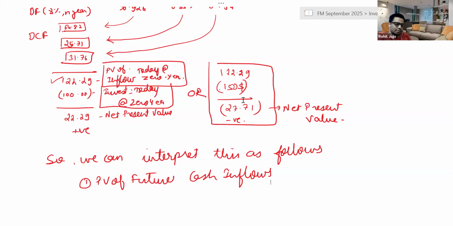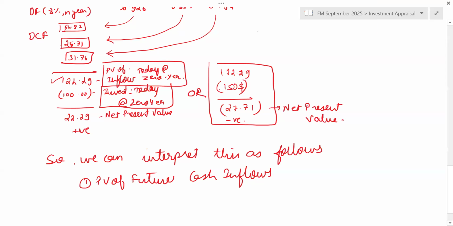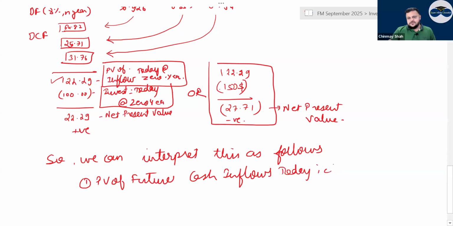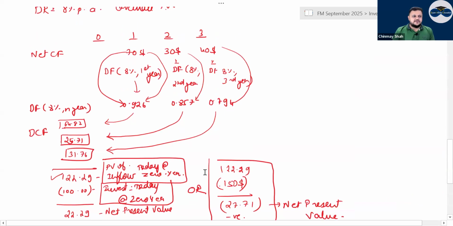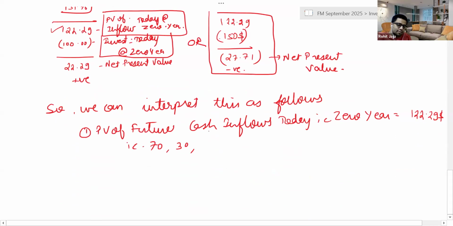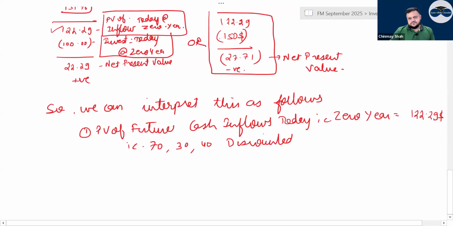Correct or not? Today, that is 0 year, is equal to $122.29. That is 70, 30, 40, discounted at 8%.